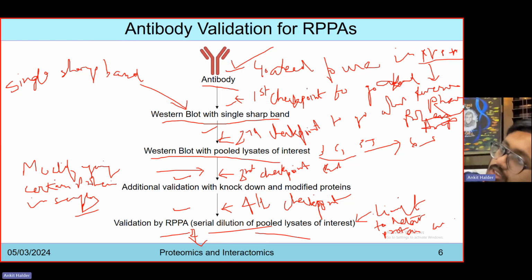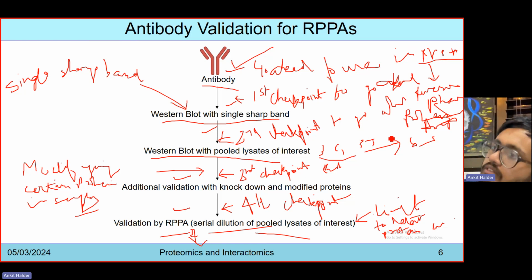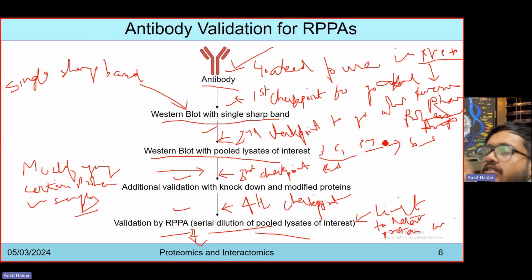Okay, so these are the steps for validation of the RPPA antibody.